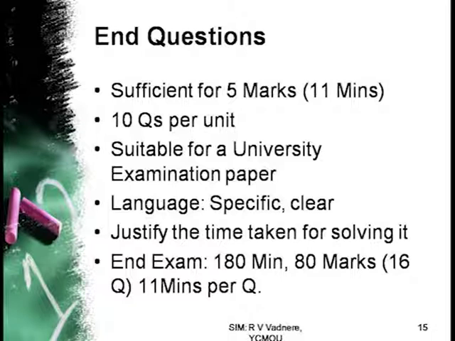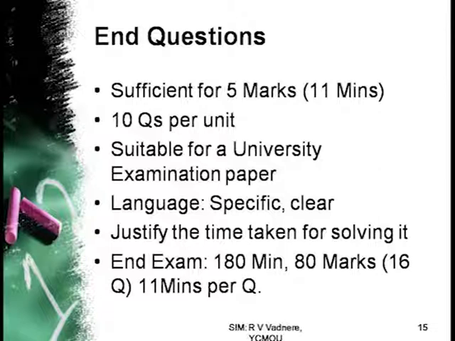There is an examination at the end of the semester or end of the year, and that examination is for 3 hours and it is for 80 marks. That means, with 5 marks questions, 16 questions would be there. That means there would be about 11 minutes per question if you do simple arithmetic.